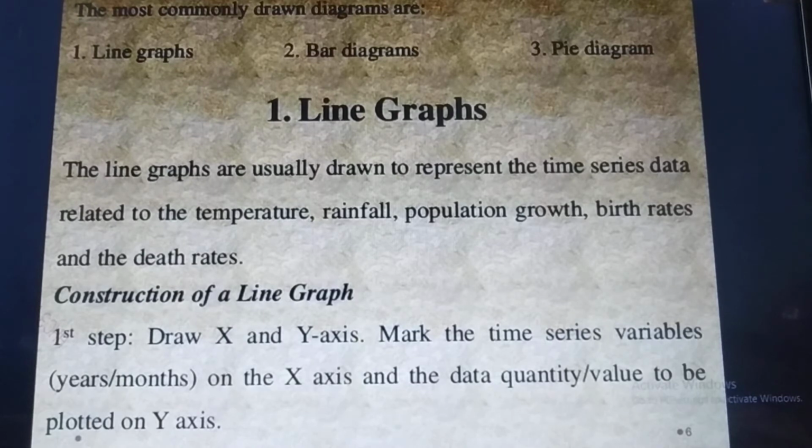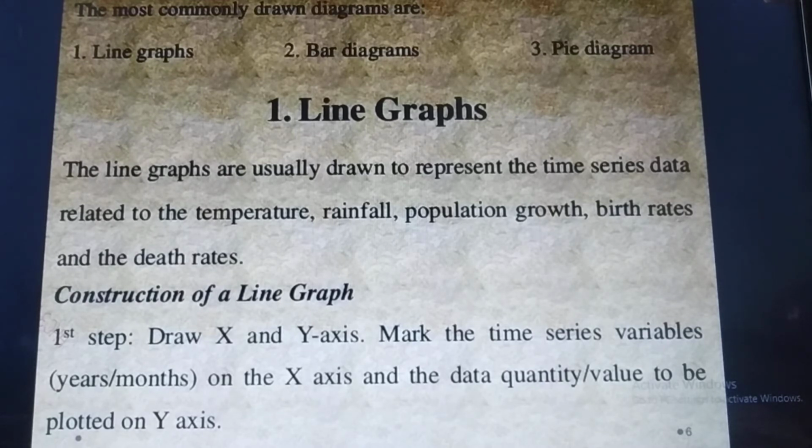The most commonly drawn diagrams are line graphs, bar diagrams, and pie diagrams. Line graphs are usually drawn to represent the time series data related to temperature, rainfall, population growth, birth rates, and death rates.